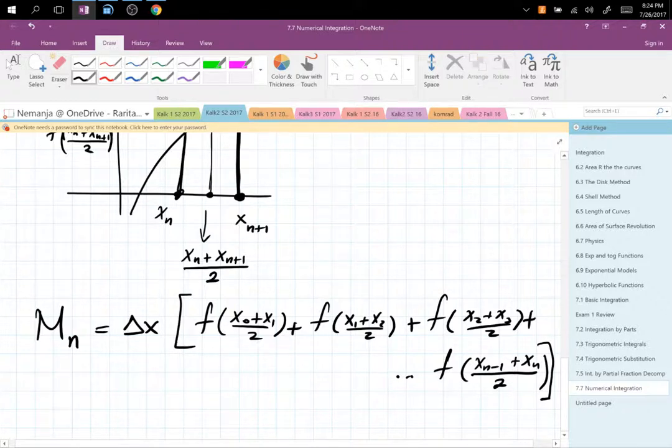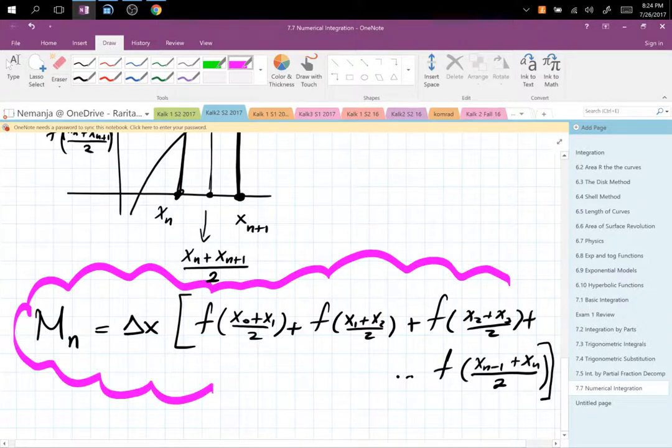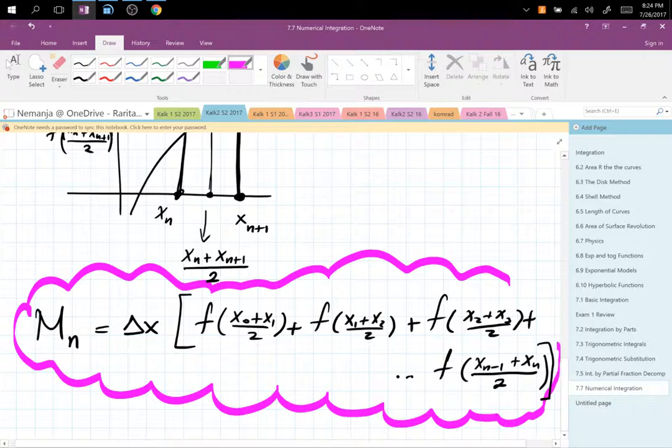This is actually the formula for the midpoint. This is the one that you need to remember. As soon as you finish your partition of the x-axis, you will have points x0, x1, x2, x3, and so on, and you will just plug them in the formula.